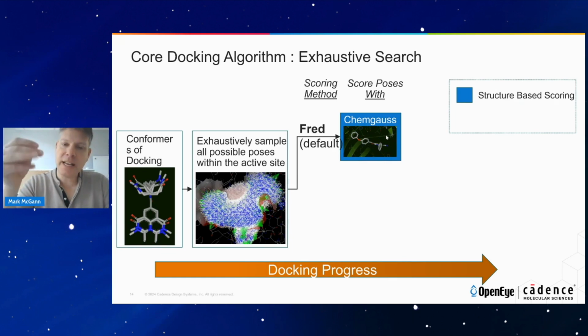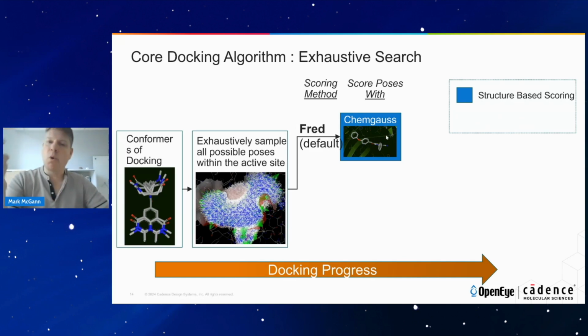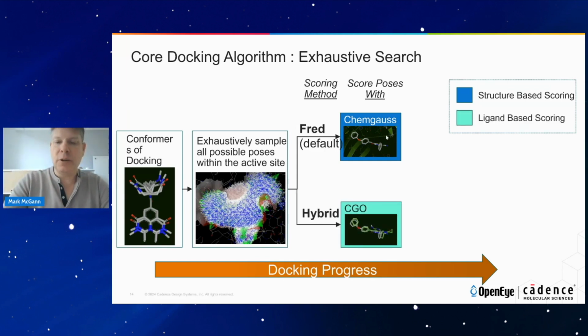We then score all of these poses. And we do that, there are 2 different modes you can use. There's a Fred mode, which is a pure structure-based design mode, where you score the molecule with ChemGauss3, which is a structure-based scoring function that measures how well the pose interacts with the protein. Does it fit well? Does it make good interactions? Or if you're using hybrid at this stage, what it actually measures is it looks for molecules that best overlay a ligand that the protein was either crystallized with or was in the cryo-EM structure that you generated.